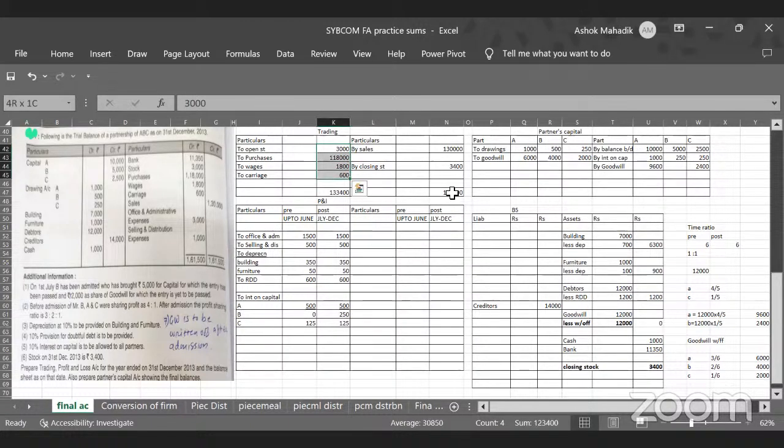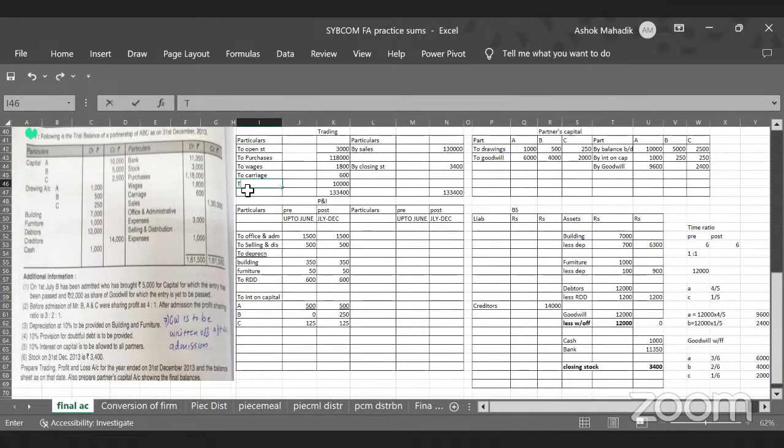It is 123,400. Okay. So GP will be total minus 123,400, right? So difference is 10,000. So gross profit is 10,000.